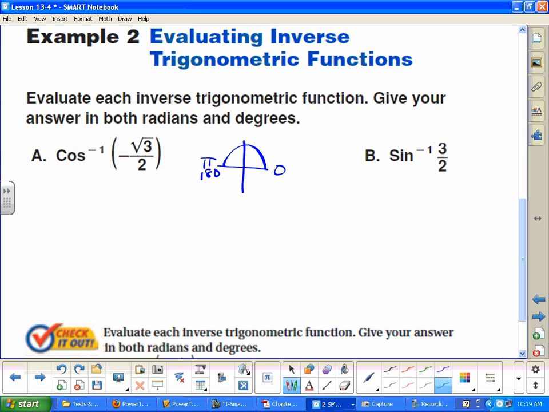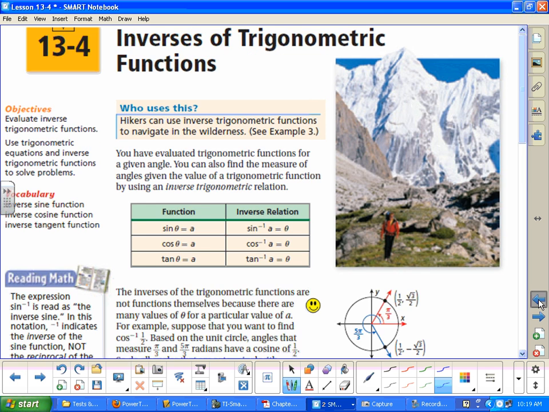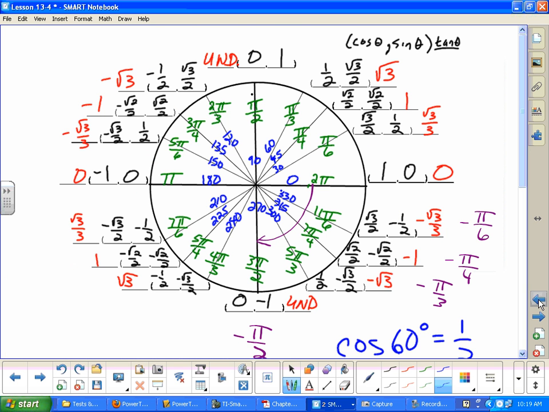For x, what's the answer there? What's the radian measure? So we're talking about up here. X is the first coordinate here.